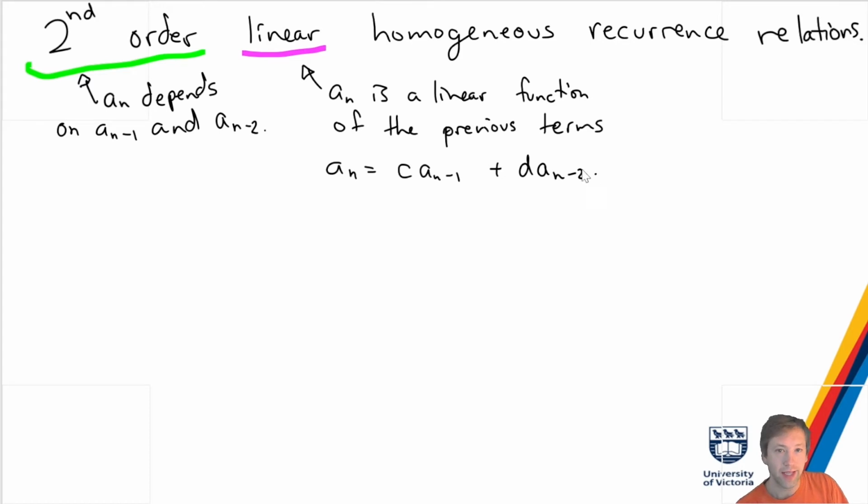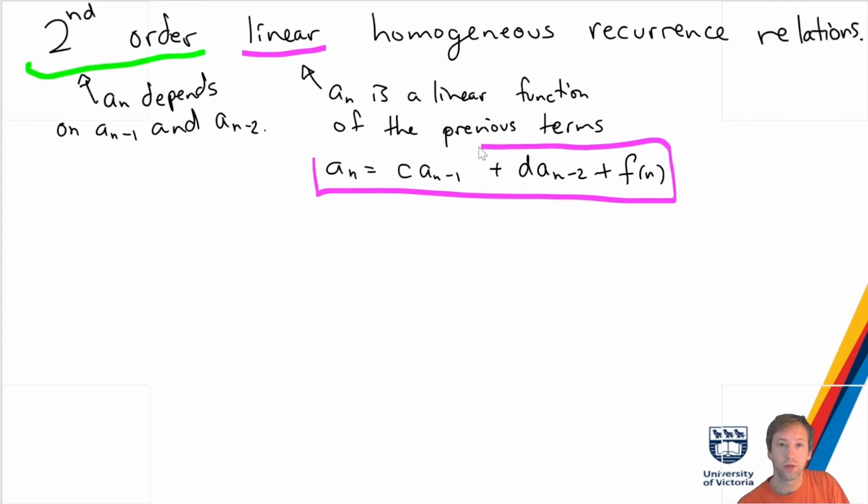Well, okay, technically, if it was non-homogeneous, you could have some other function of n here, like we've had in our previous cases for first order relations. But homogeneous means that the function f of n in this equation below is just 0.